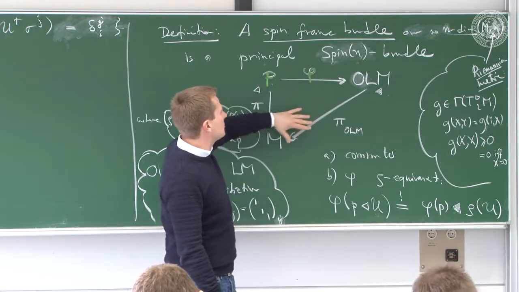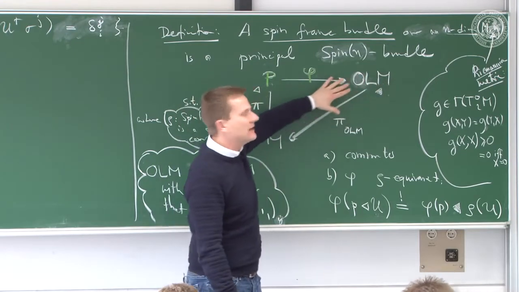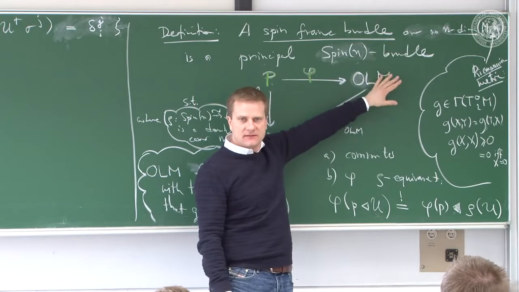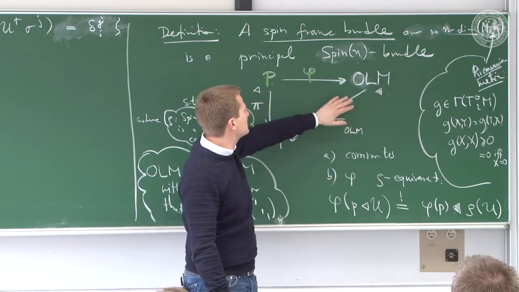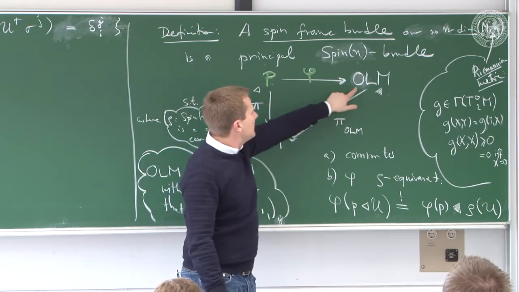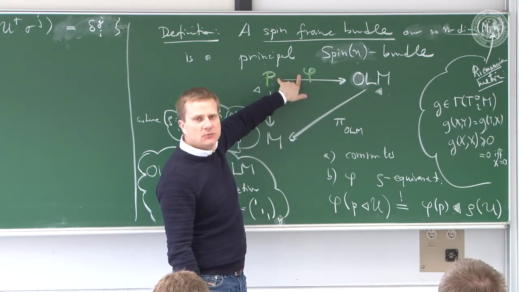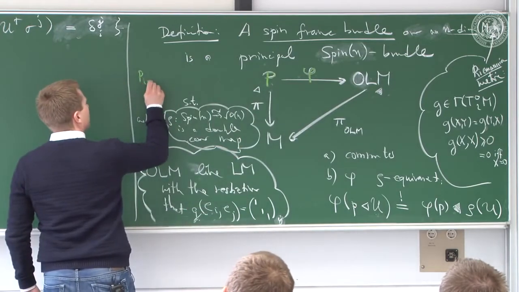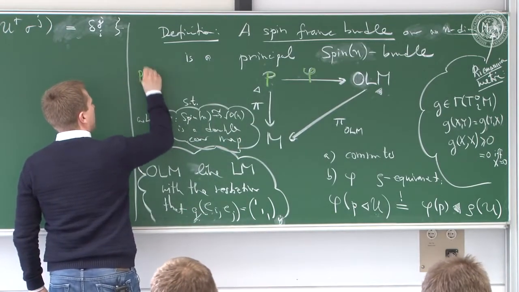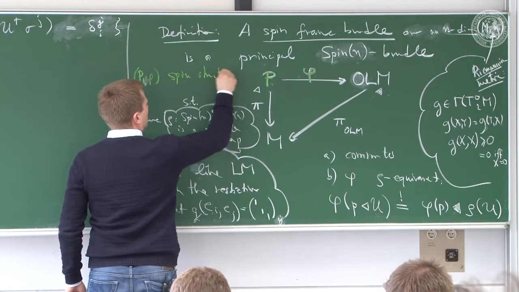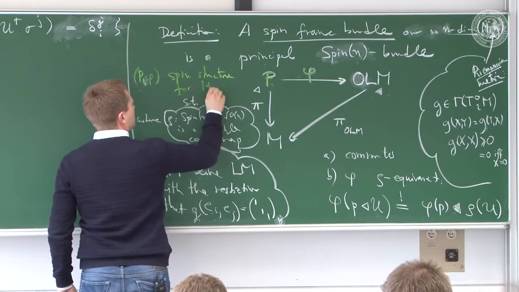And then you construct it over the Riemannian manifold, or rather over the principal bundle of which this Riemannian manifold is the base space. If you provide these data, you provided a so-called spin structure. So this pair of data, P and phi, is called a spin structure for (M,g).